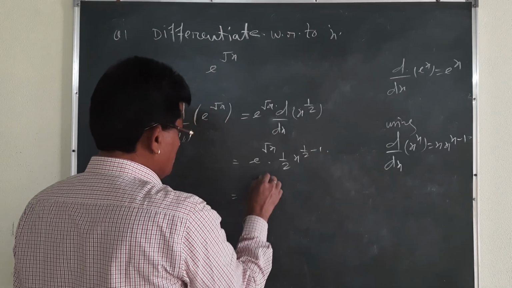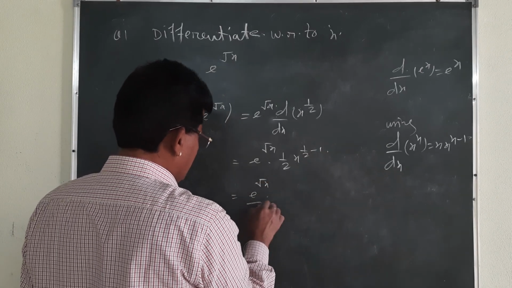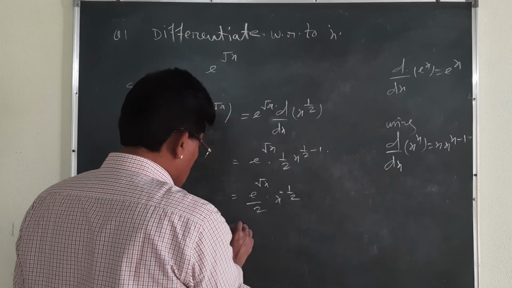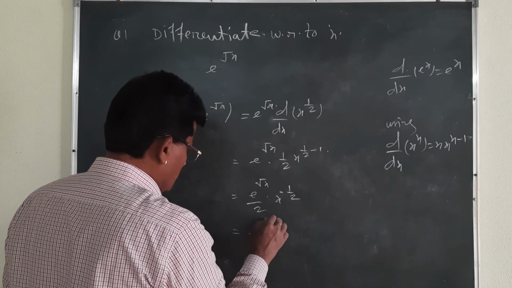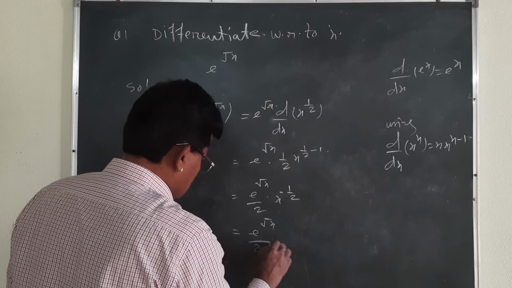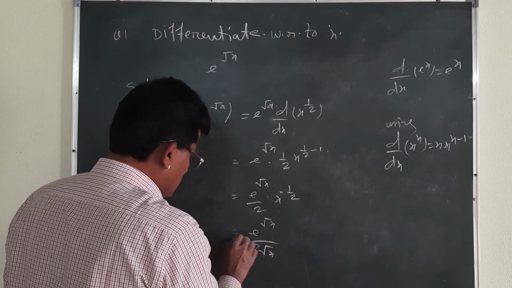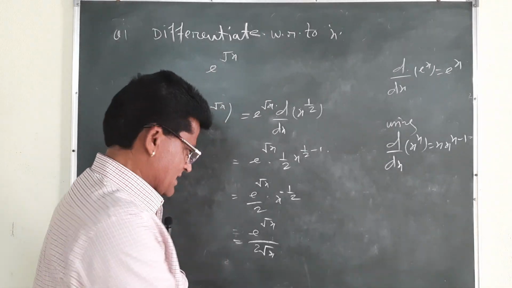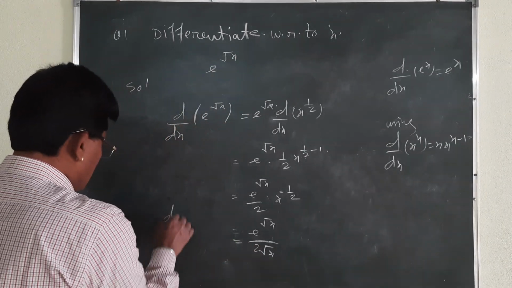So e to the power root x, divided by 2, x to the power minus half. Or x to the power minus half gives e to the power root x upon 2 root x. You take it in the denominator, the power becomes positive, and x to the power half is root x. That is its differentiation.